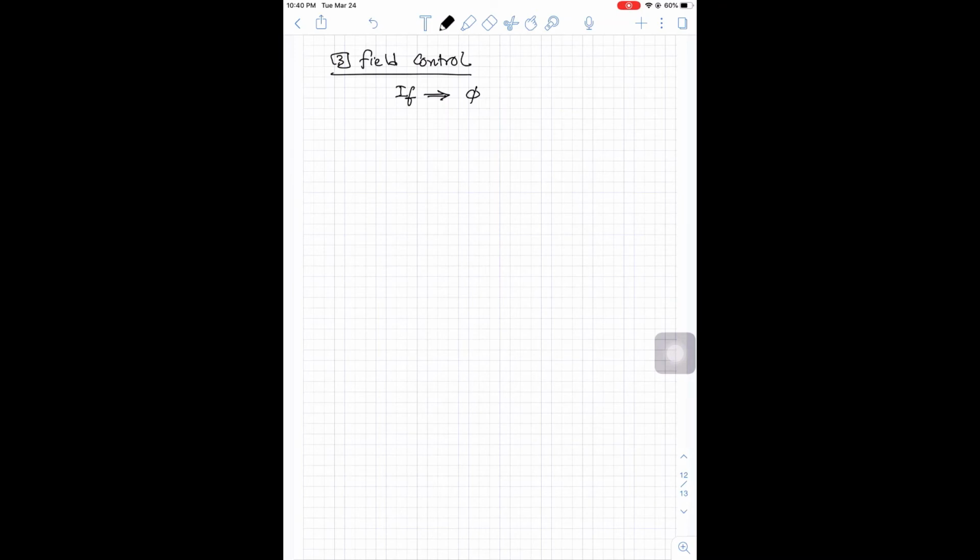If we are in the linear zone, if you sketch the magnetization curve IF phi, it will be linear. Then we have our knee zone, then the saturation. So if we are in the linear zone, changing IF will have a linear effect on phi. So we will say field control here is for changing IF, not changing phi. And we can say that the relation between IF and phi is constant.